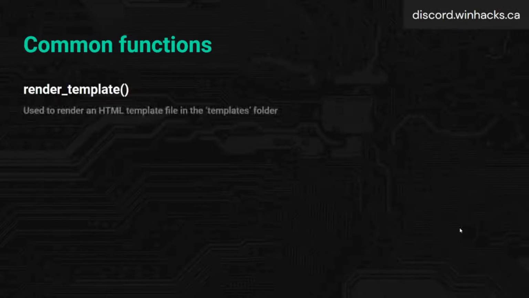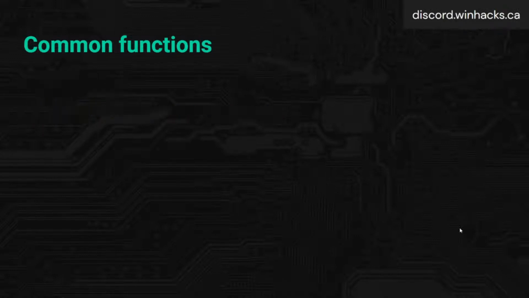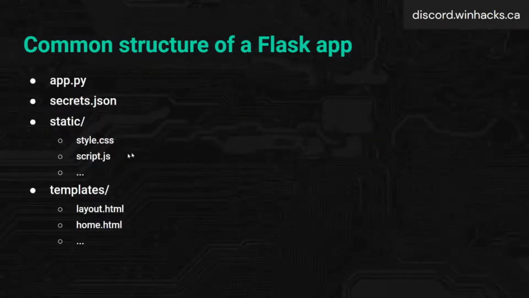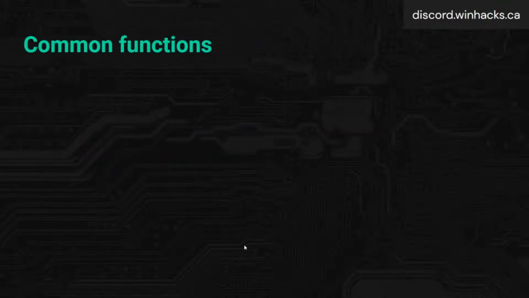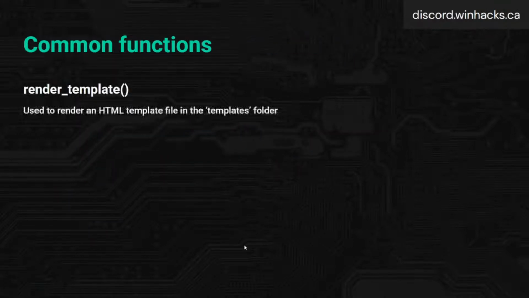This is simply a function where you pass in a file name and it will render that HTML file, and you return that to return the web page to the user. If you go back to the templates folder, you would do render_template layout.html, because it searches the templates folder automatically and renders that file for you.